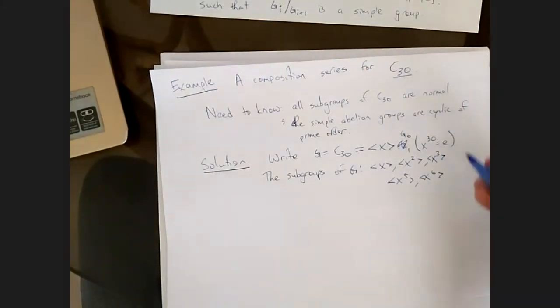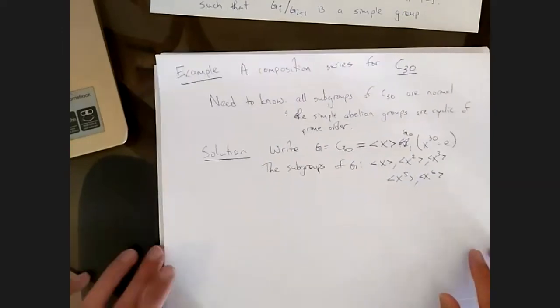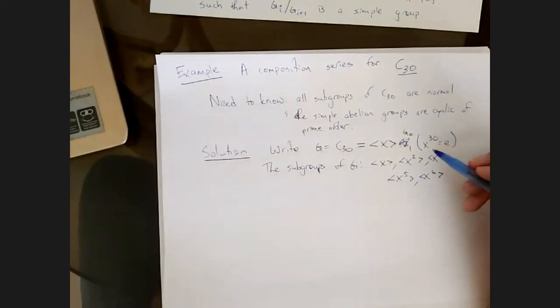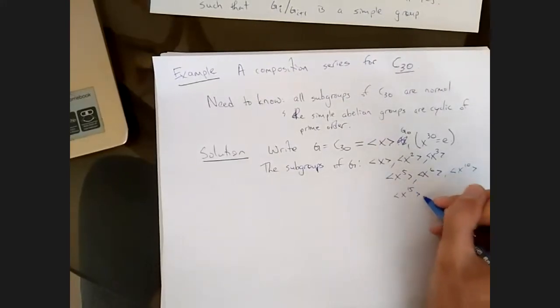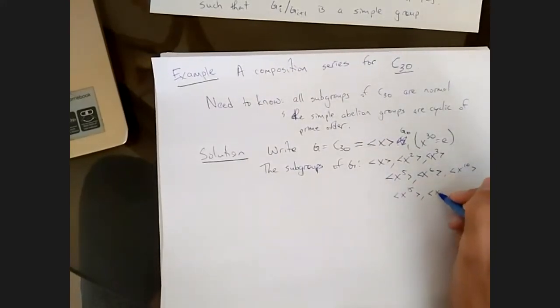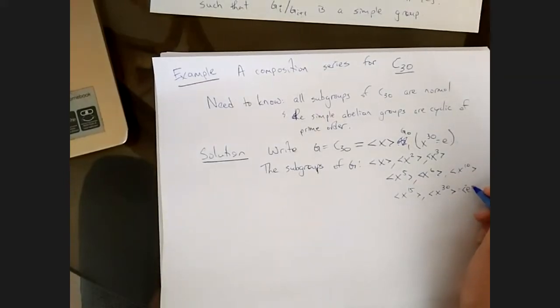We just need to enumerate all the divisors of 30. Next would be 10, and then we have X to the 15th and X to the 30th, that is the trivial subgroup.